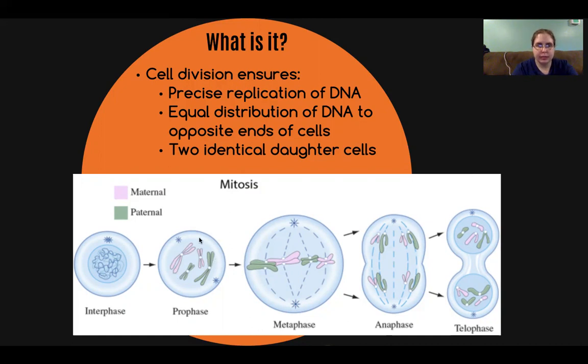So you have two big chromosomes, one pink, one green, two small, one pink, one green, and we end up with two cells, each with one pink, one green big, and one pink, one green small, just like we started off with. All we did was separate the copied information and move it to opposite ends of the cell and divide this cell into two identical versions.